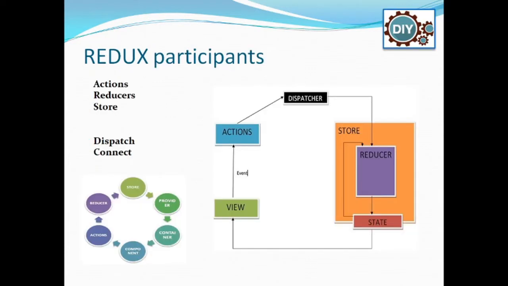Then let us look at the different components of a Redux application. Whenever we work with Redux library based applications, there are three main components that play the major role, and some more components also come into the picture. First, actions. Actions are what needs to be implemented for that particular application.